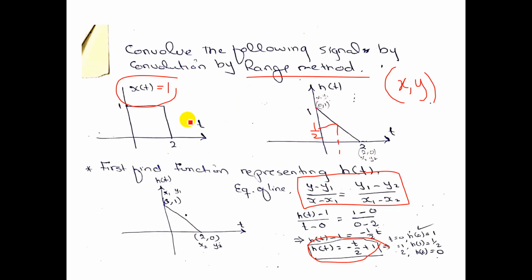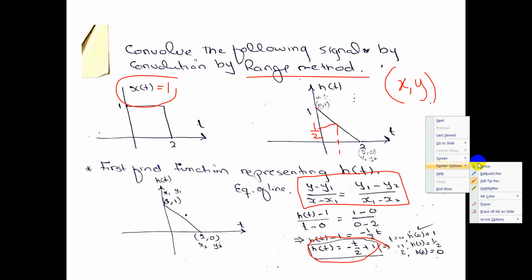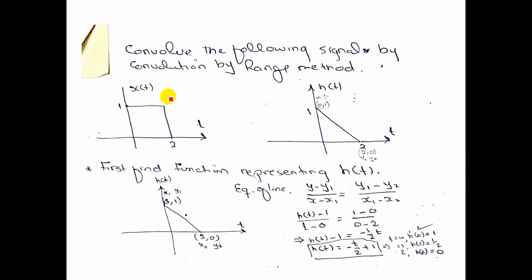Simple. Let me clear the screen here. First of all, what are the endpoints here? My signal starts from 0 and finishes at 2, so my endpoints here are 0 and 2. Similarly, for this signal, my endpoints are 0 and 2. Now, let's suppose I have some signal, something like this: this is 1, this is 2, this is minus 1, and this is 1.